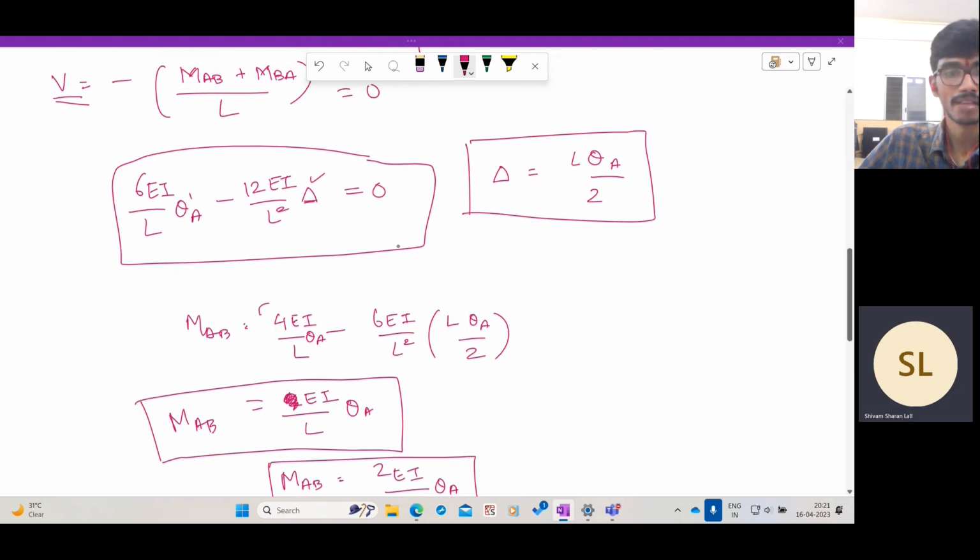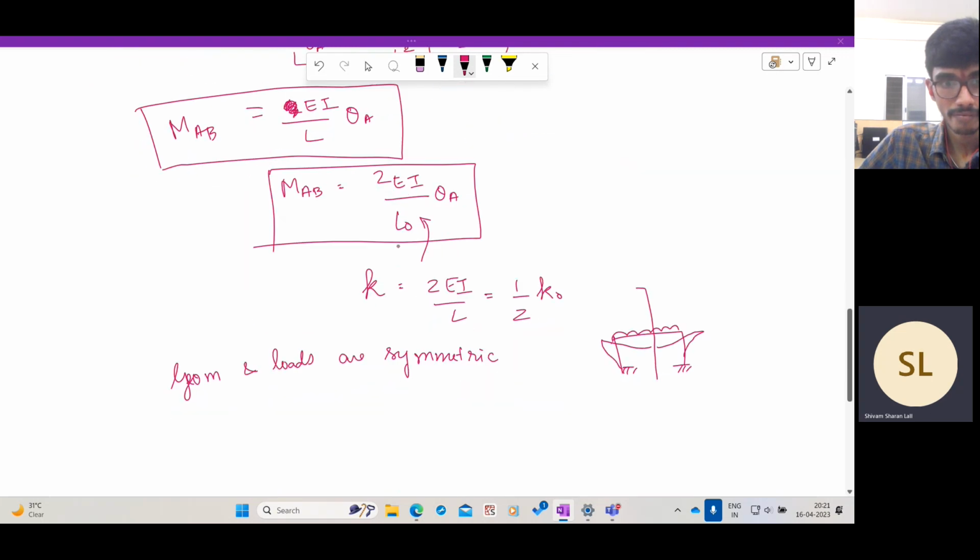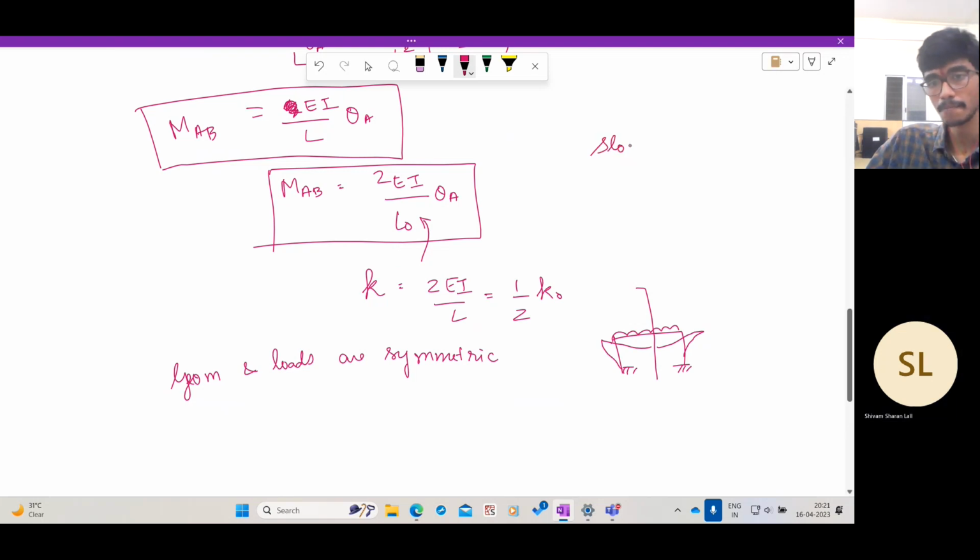Sir, I can see that the moment distribution method can be used where there is some numerical value, where some V, W or Q is used, then slope deflection method is quite useful. So slope deflection.